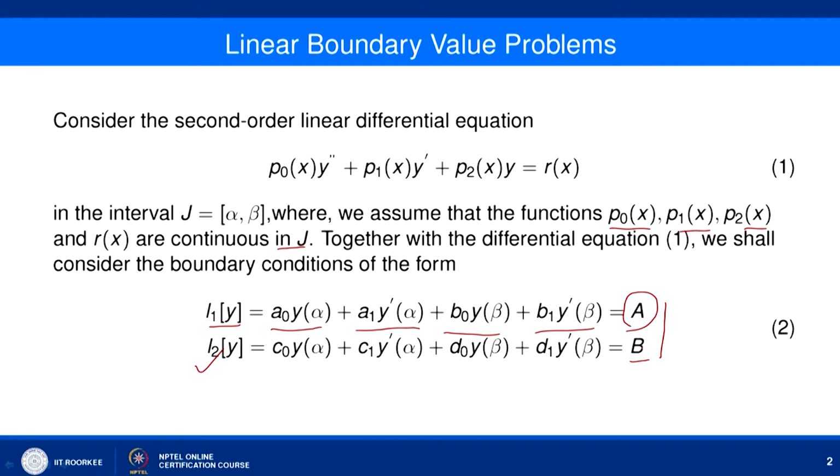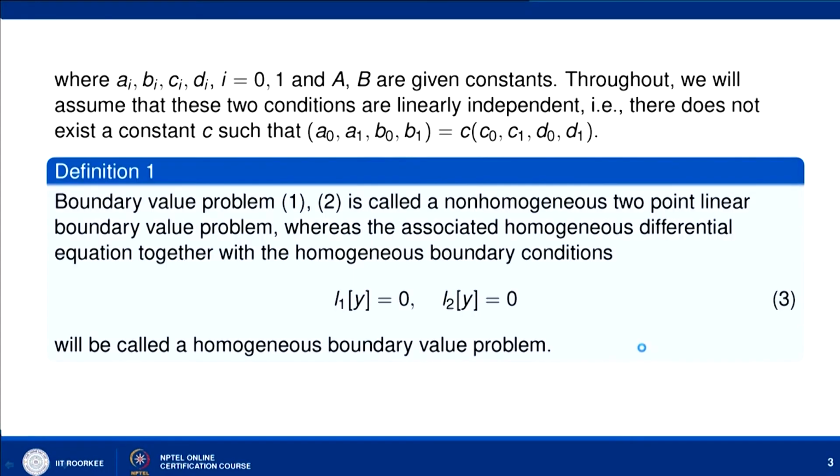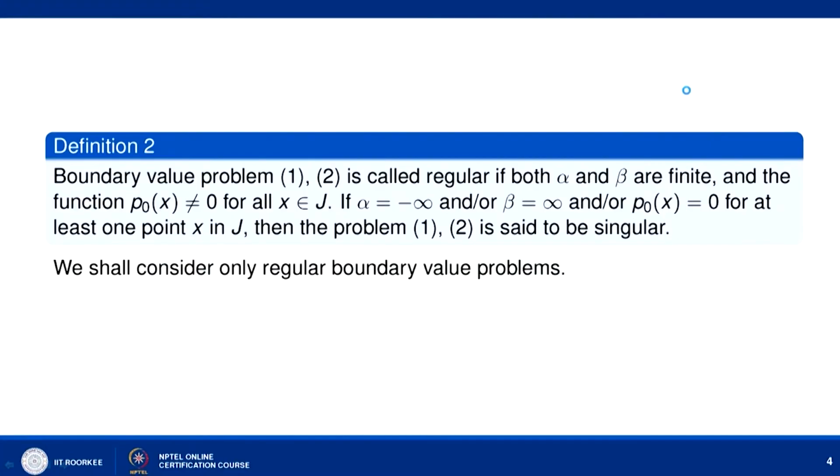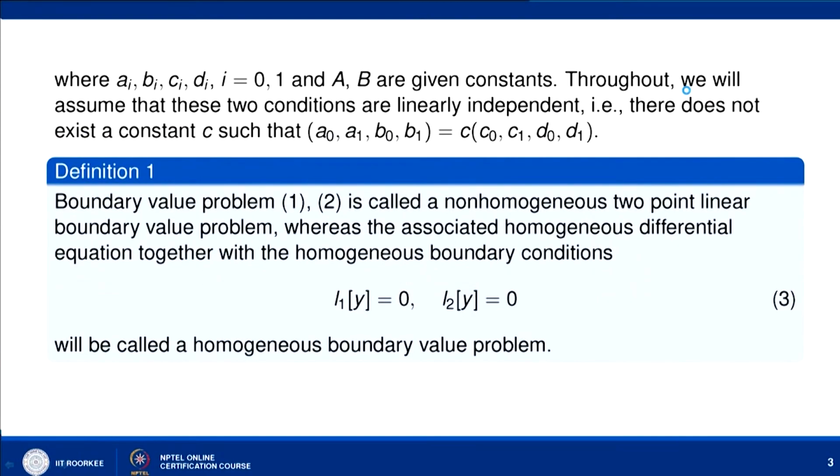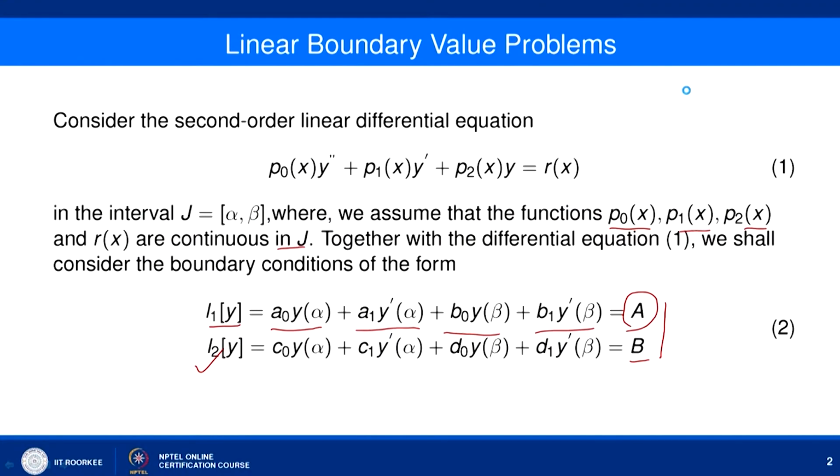Here A and B are again some real constants. So, here Ai, Bi, Ci, Di for i equal to 0 to 1, and A and B are given real constants, and throughout we assume that these two conditions are linearly independent. So, we simply say that these are not precisely the same conditions.